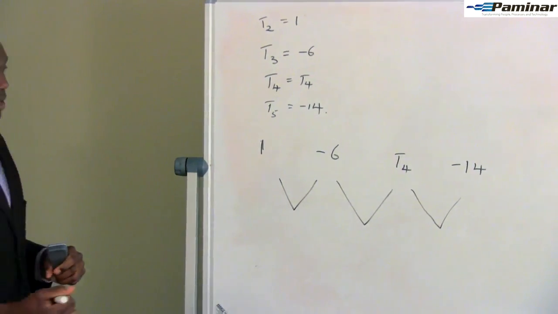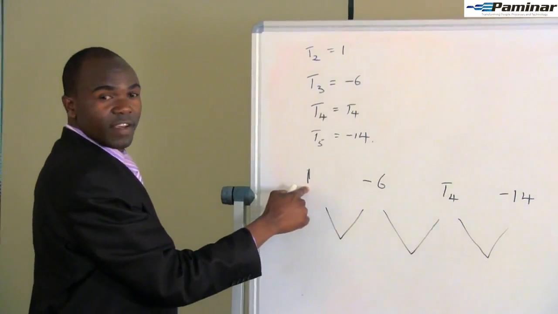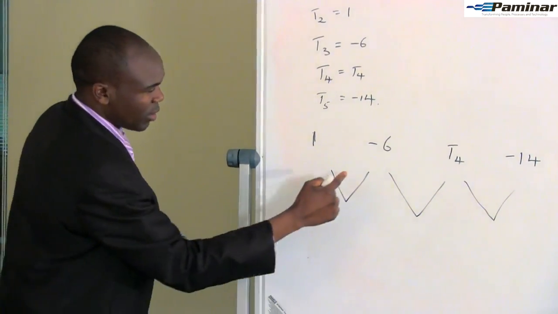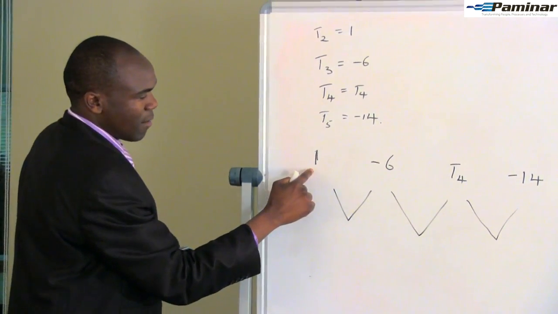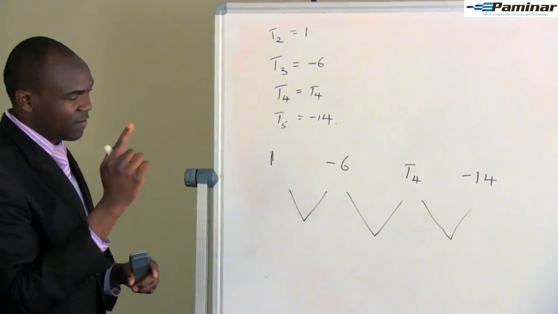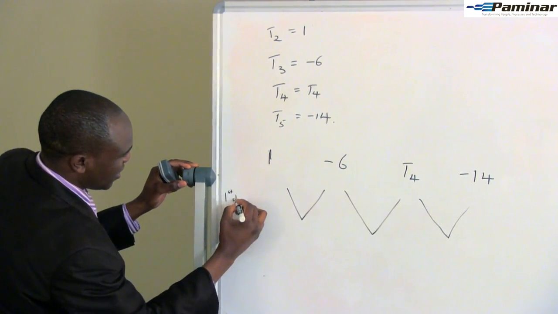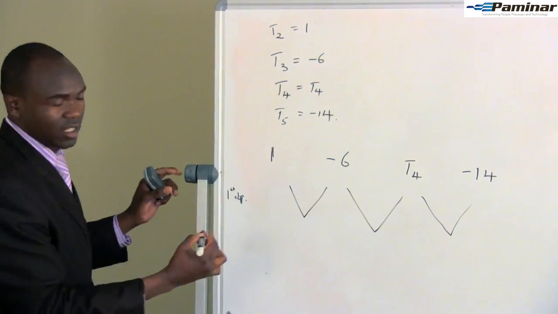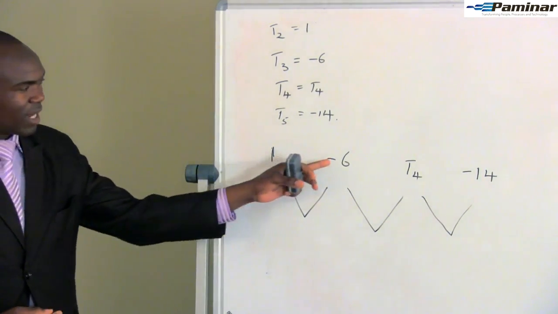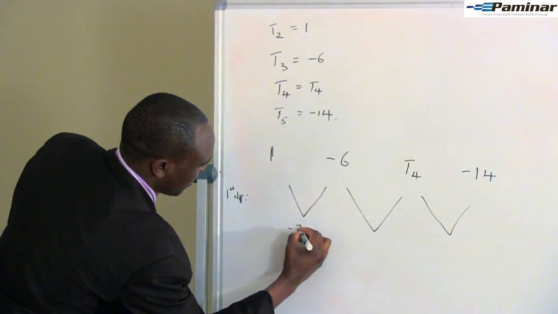By the first difference we will say the third term minus the second term, because that's the first difference. So we say -6 minus 1. What is the answer? -7.